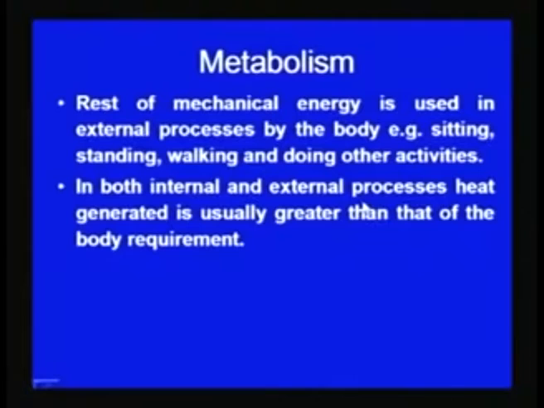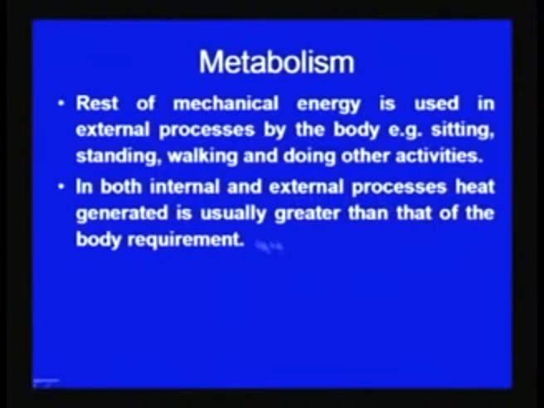So, if the energy consumption for the work is more, the body will require this energy conversion process to be very fast, so that whatever energy is being generated can be consumed in carrying out the given job. In both internal and external processes, heat energy is generated, which is usually found greater than the body requirement. As we have seen, in metabolism the chemical energy is converted into mechanical energy and heat.